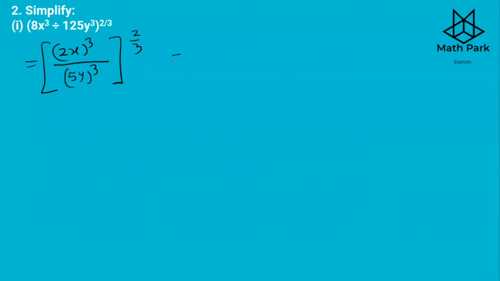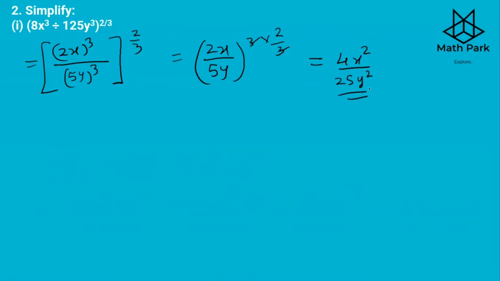Okay. Now this is again (2x upon 5y) all raised to 3. (a/b)^m is a upon b raised to m, into 2 by 3. So this got cancelled. Our final answer is (2x) the whole square, which is 4x square, upon (5y) the whole square, which is 25y square. And we are done with this question.